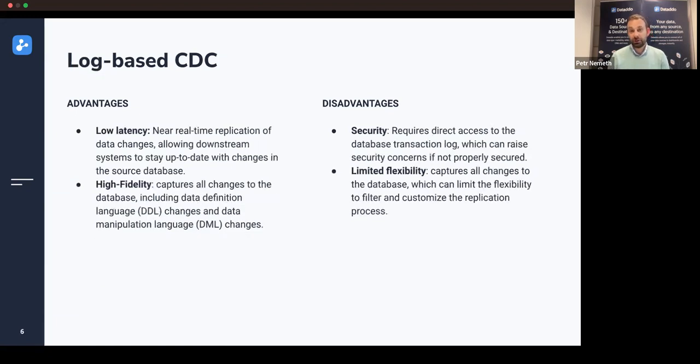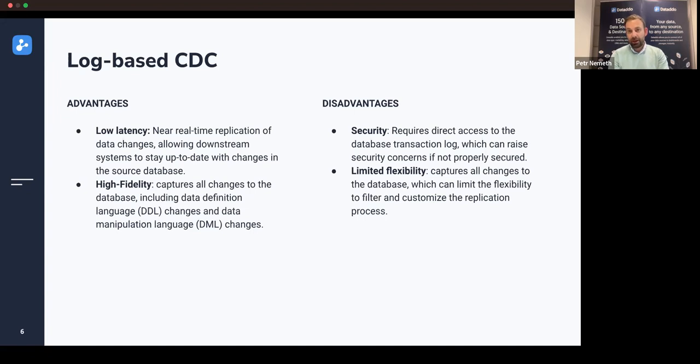The second approach that can be used is log-based CDC. Most of the database technologies that we are using these days, whether it's MySQL, Postgres, SQL Server, or Oracle, have support for clustering, meaning that you can run the database in multiple replicas and achieve high availability.